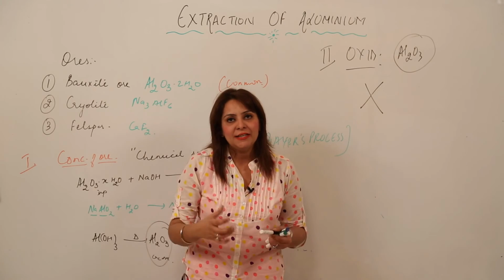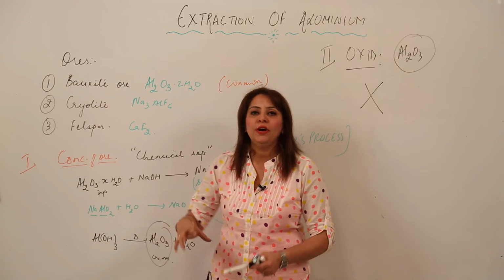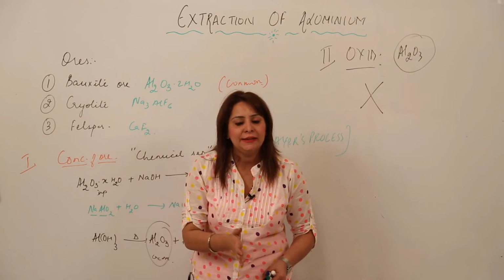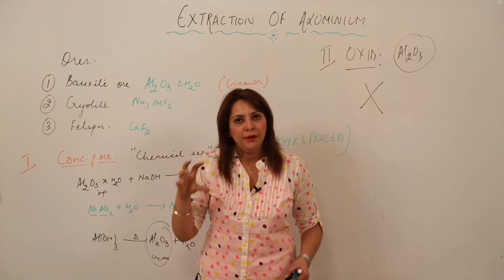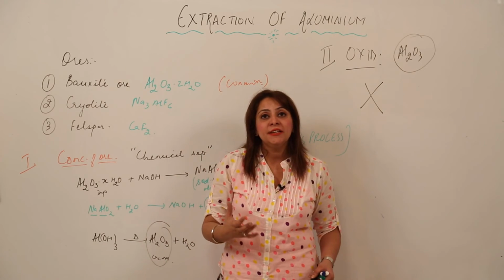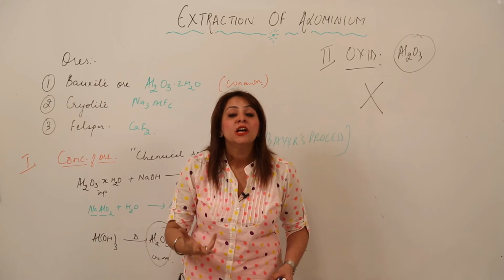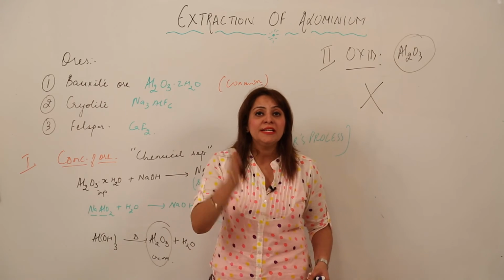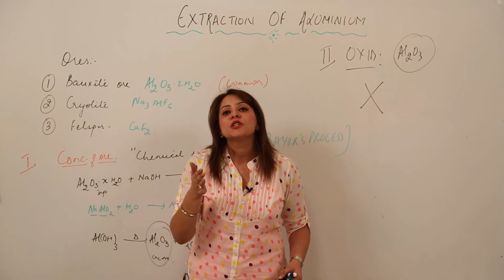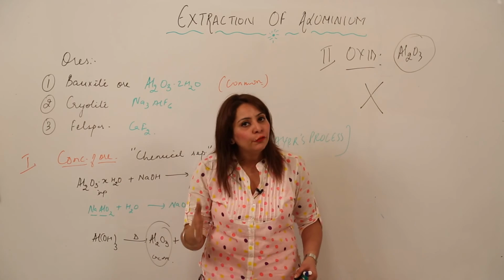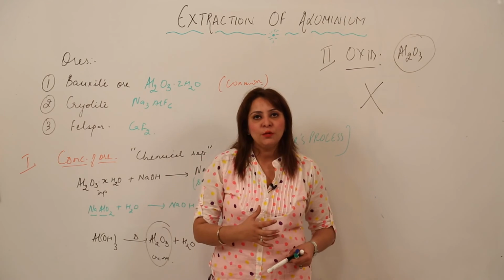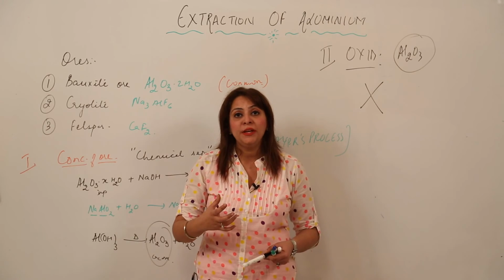But do not write the concentration of ore directly followed by the reduction. Write the second operation too, because the examiner may wonder why you skipped the second point. You need to write the reason for skipping it, that the metal is already present in the oxide form. Whenever you attempt a question, it should not seem cramped.